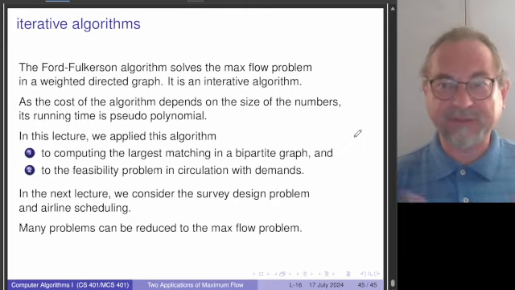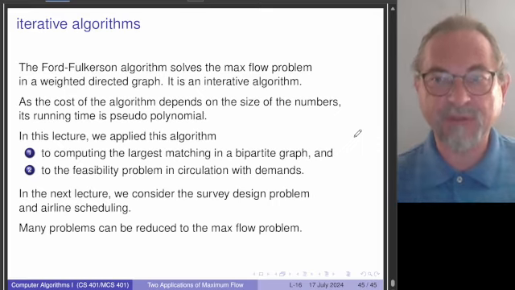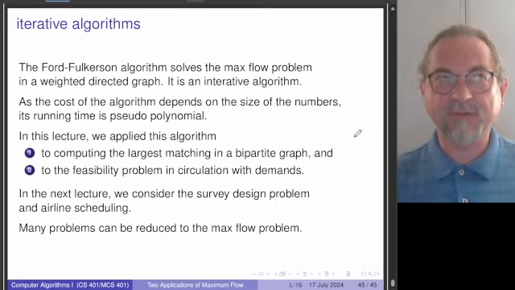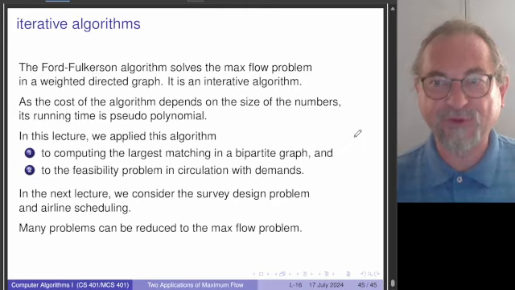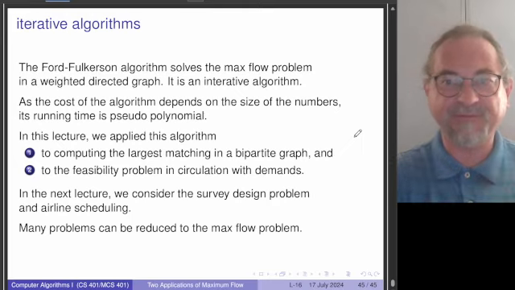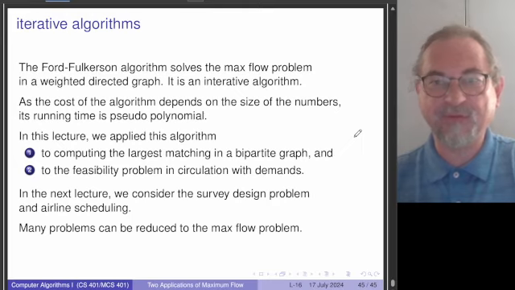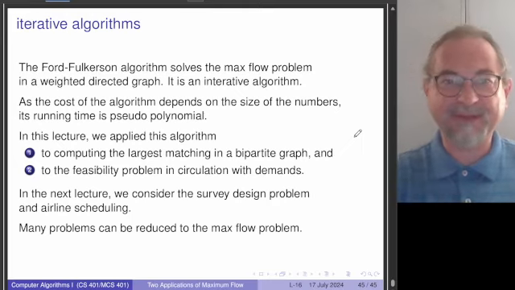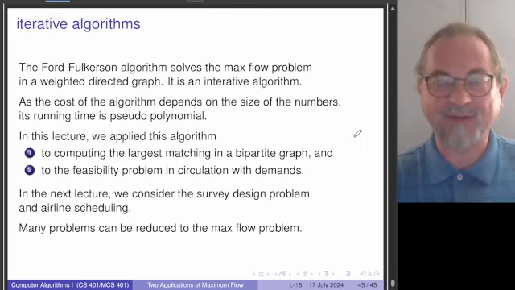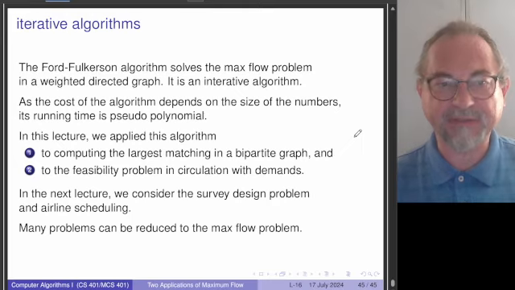What is important is to see the connections between the different problems. When we were first working, we were having different problems and different algorithms. Here we have one same algorithm that can be solving many problems. That's the point of this chapter in the course.